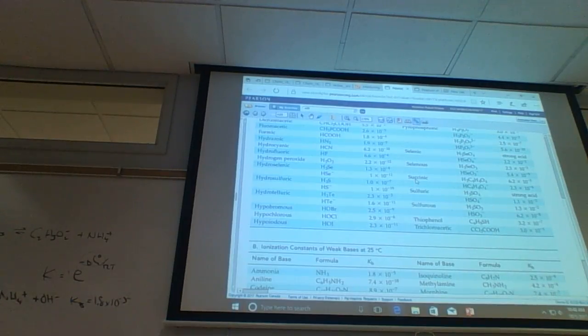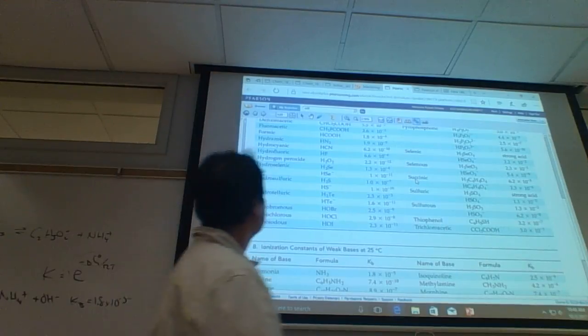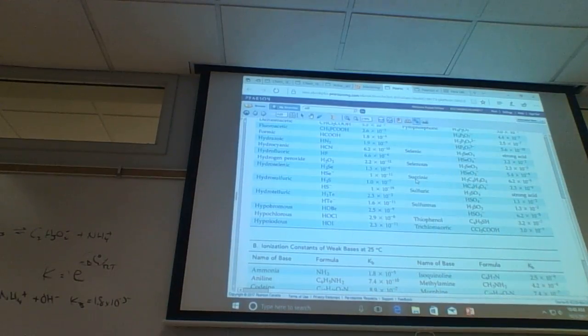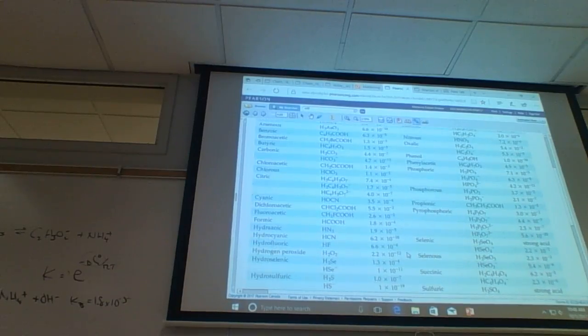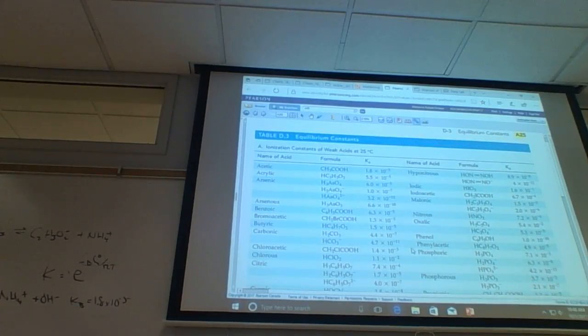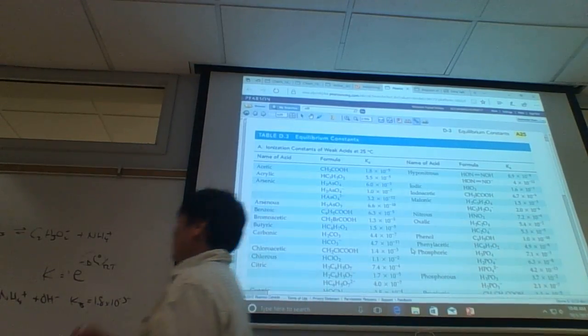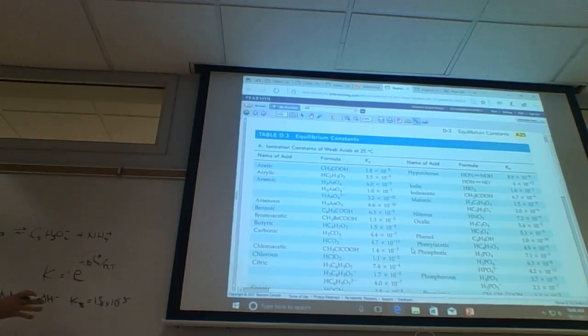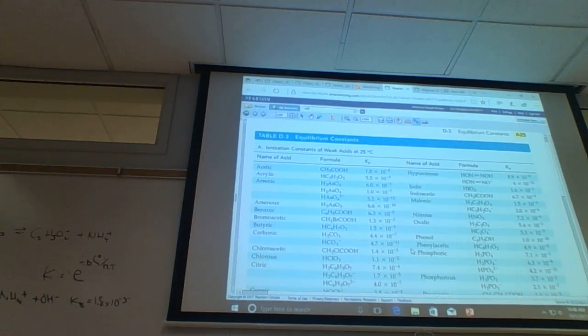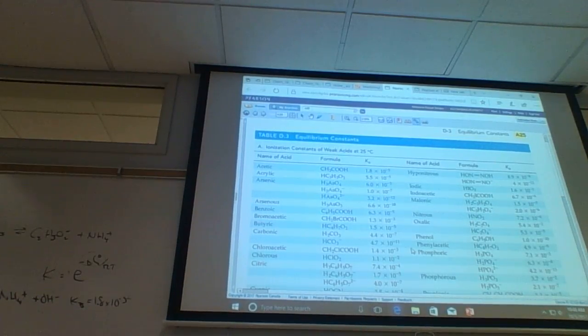And then, you know what? I saw acetic acid here, near the top. Interestingly, acetic acid has a Ka of 1.8. They aren't the same. They're just the same to 2 sig figs. But if we went beyond 2 sig figs, they'd be different.